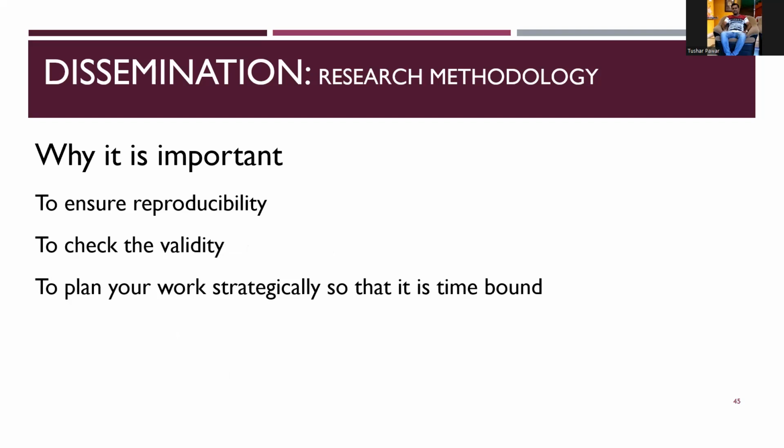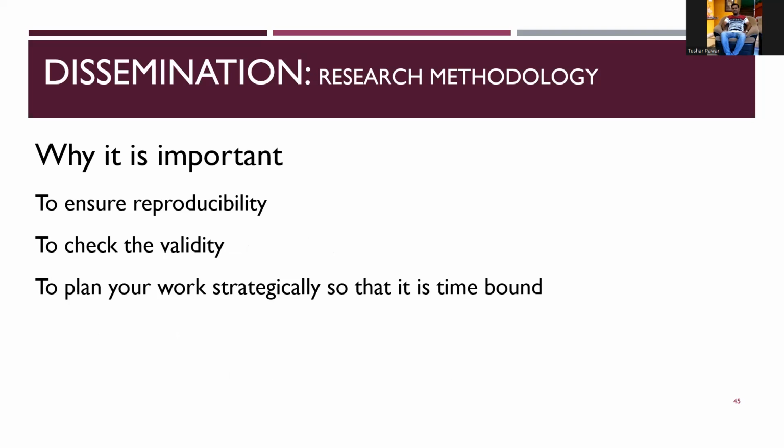Why is it important? Of course, others should know how you have collected data. The most important thing is to ensure reproducibility, because some research is done in a particular area by a particular method.